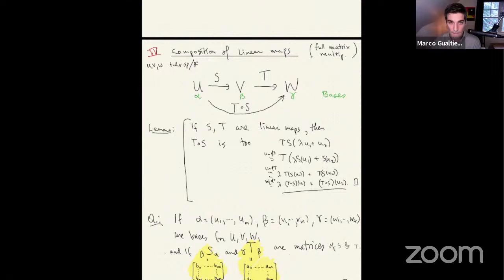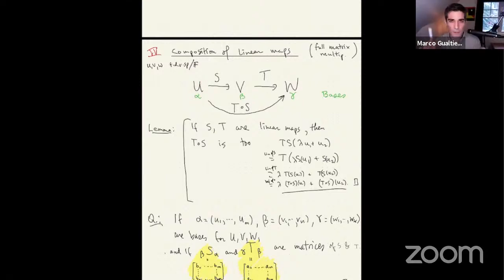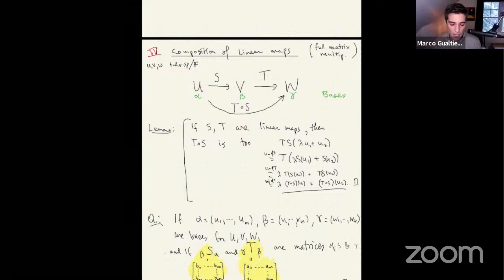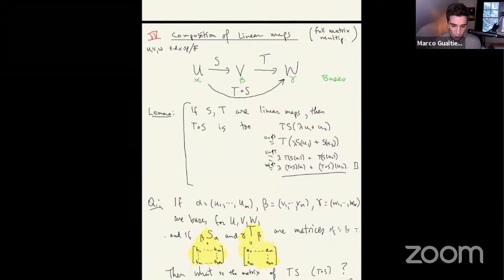Yes. Okay, so that means that the columns of the matrix are going to be what happens when you apply this linear map TS to the basis alpha. Alpha is U1 up to UM. So first we apply TS to U1, then we put the result in the column.